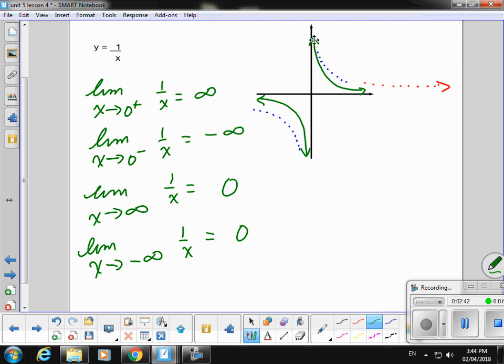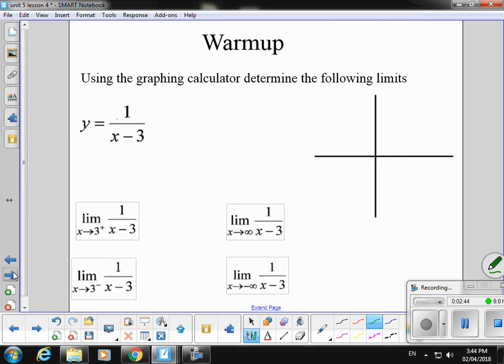Let's just shift a little bit. If I have 1 over x minus 3, we know from our translations that I have a horizontal translation, 3 to the right. So my graph has shifted, and a lot of the same pieces are going on. As I approach 3 from the right, I am headed towards infinity.